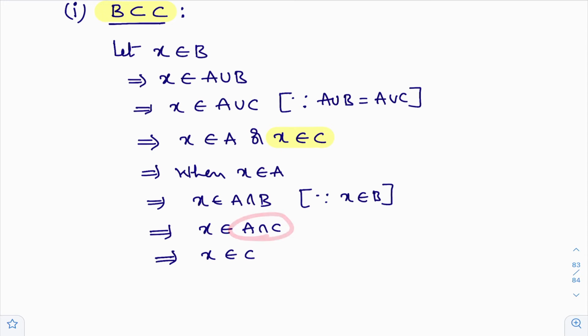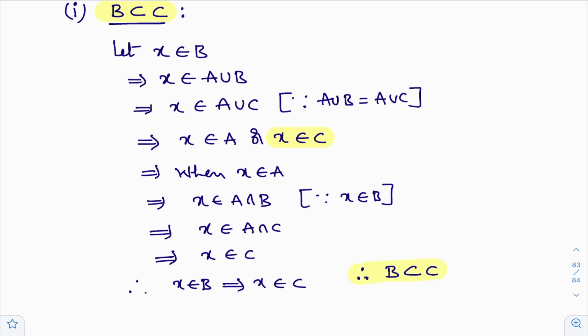I hope you are understanding. So I started with X belongs to B, I ended with X belongs to C. Therefore, X belongs to B implies X belongs to C. From this, I can conclude that B is subset of C. I hope you understand this.